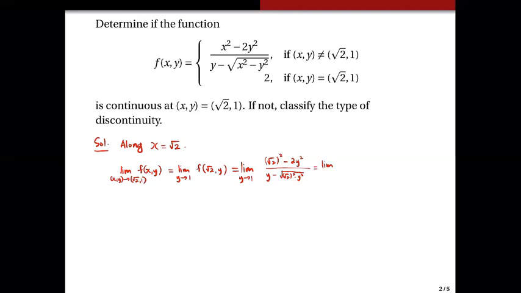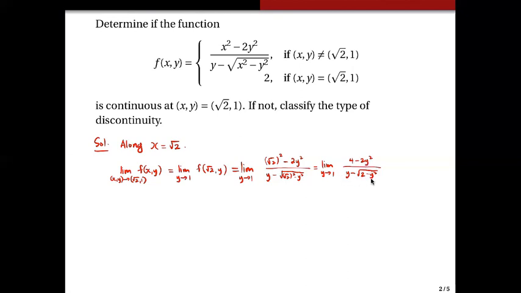Let us simplify all the things here. We have the limit as y approaches 1 of 2 minus 2y squared over y minus square root of 2 minus y squared. And why is it 4? It should be 2 here, I mean. So as y tends to 1, this will be 2 minus 2 times 1.